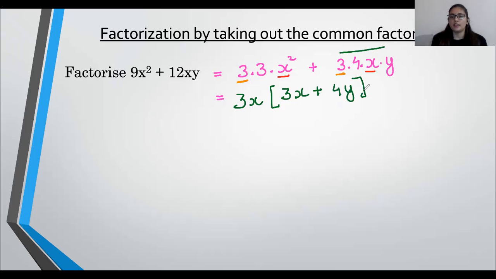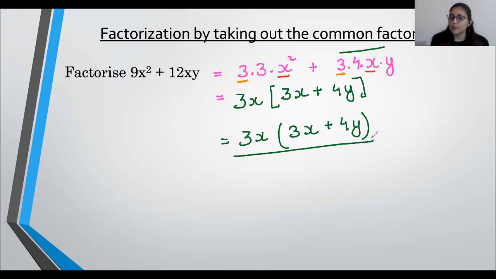This is left behind, and you are done. This is your final answer. You have factorized your polynomial. So you will get 3x, then inside the bracket, 3x plus 4 times y. Simple, right? It's very simple.